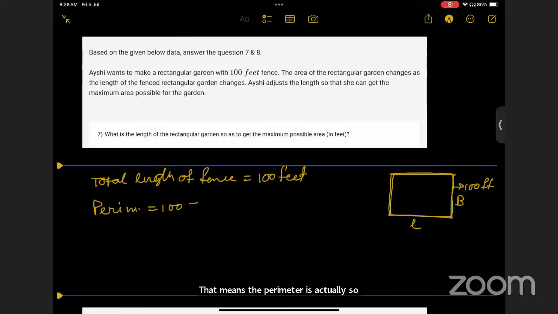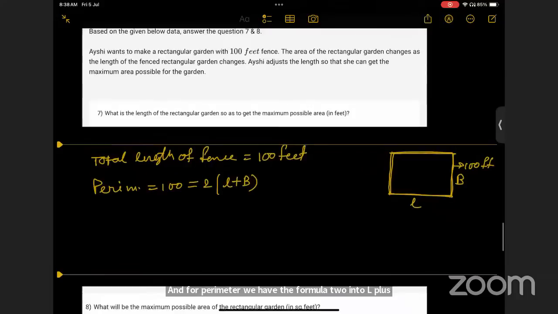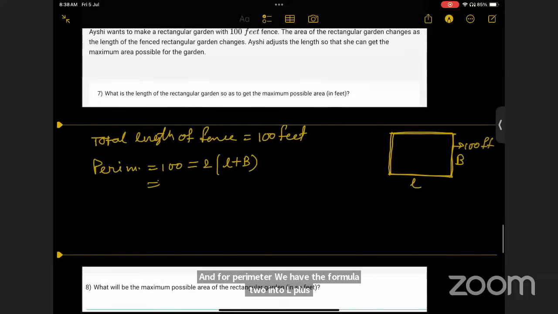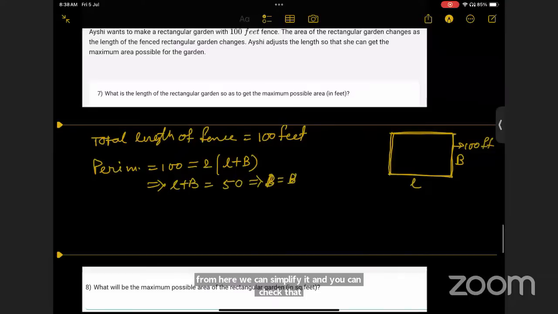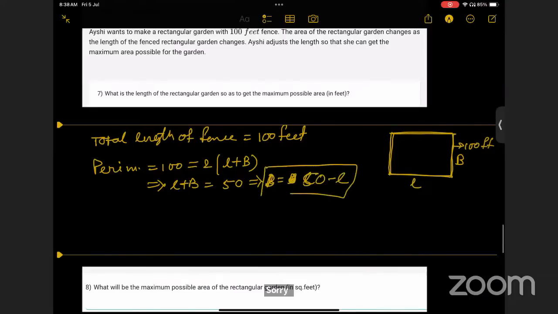And for perimeter, we have the formula 2 into L plus B, right? So from here, we can simplify it and we can check that B equals 50 minus L.